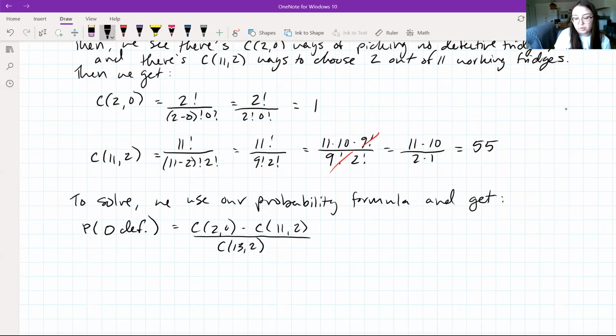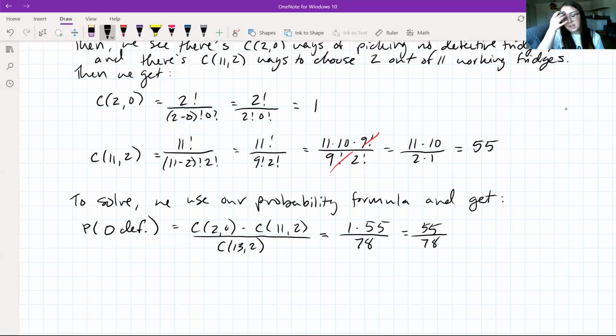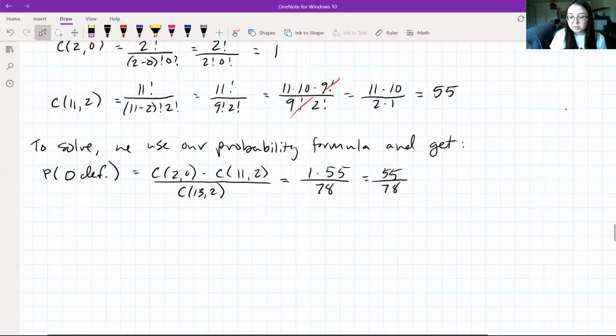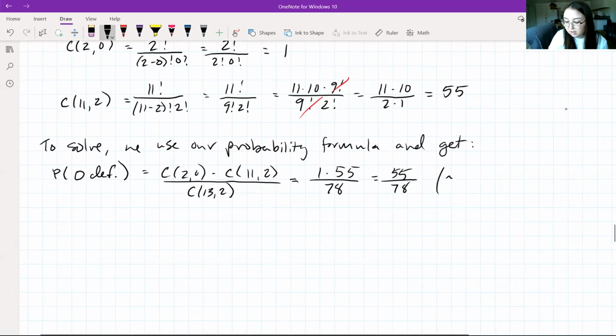This is our total number of outcomes. So this ends up being 1 times 55 divided by 78, which simplifies to 55 divided by 78. It doesn't simplify any further in fraction form, so we can leave it like that. If it asks for decimal form, then this is about 0.705 or 70.5%.